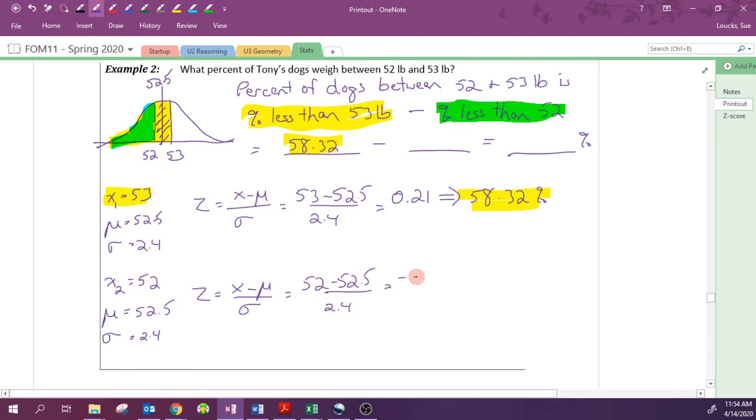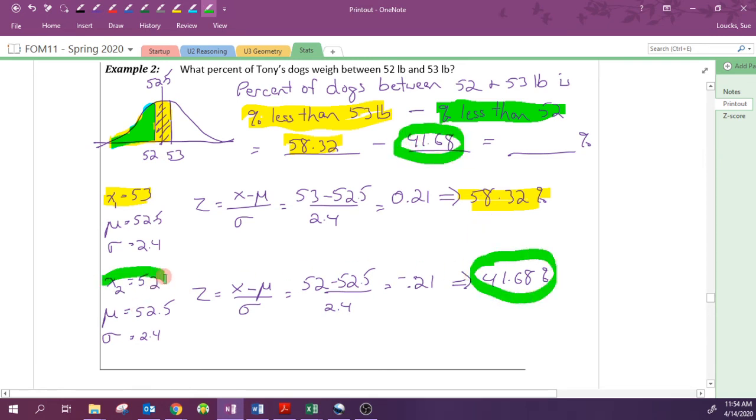That equals negative 0.21. I look that up in my Z-score table. I get 41.68%. I'm going to color that green. I'm actually going to circle it because I don't know how well the green will show up.